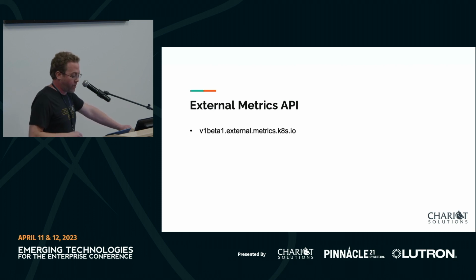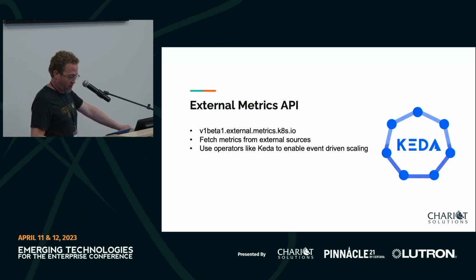And with this, now we could start fetching metrics from external sources like Datadog, CloudWatch, Prometheus. And then with these external metrics, we could use operators like KEDA to enable event-driven scaling. So now we choose how we could scale instead of just waiting for the pods to ramp up CPU, and then we'll see if that actually makes a difference or not.